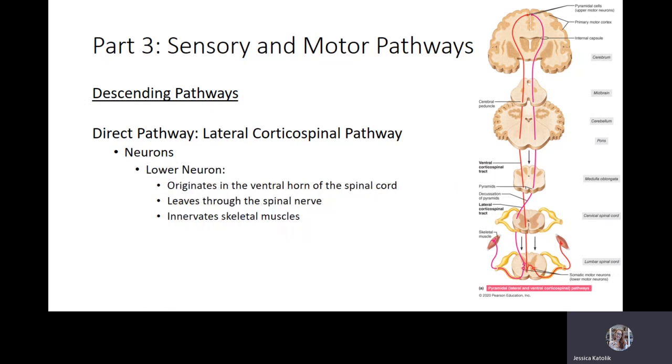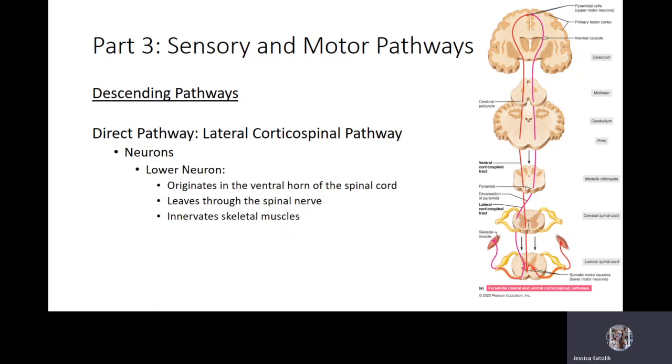The lower motor neuron is going to synapse with that interneuron that we talked about over here. And it will originate at the ventral horn of the spinal cord. Remember, the ventral horn of the spinal cord is responsible for somatic voluntary muscle movement.